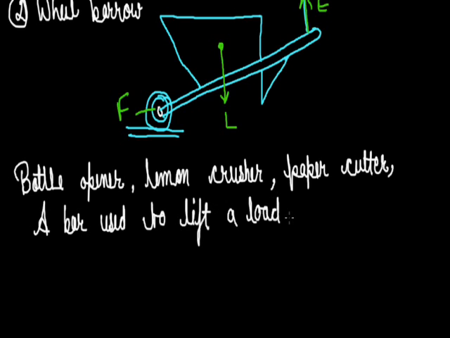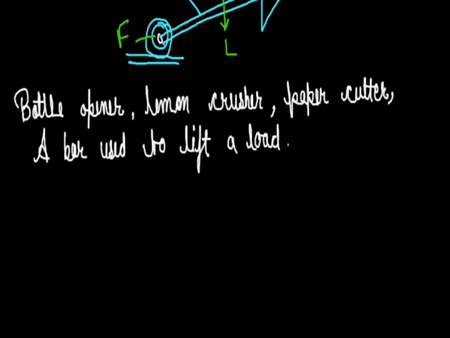How does a bar used to lift a load act as a second class lever? We can see by a simple diagram. Suppose we have a bar, and we want to lift a load. By supporting the bar on the ground, we can lift a load.